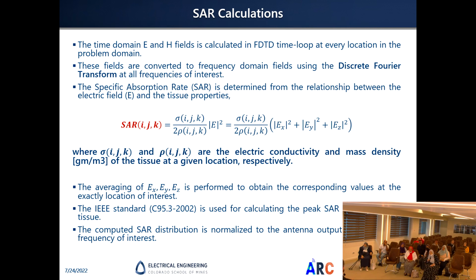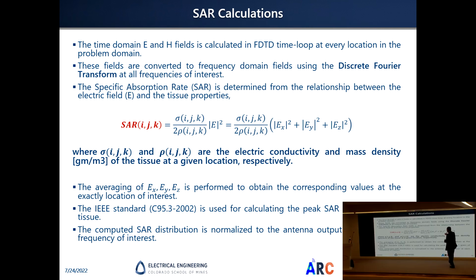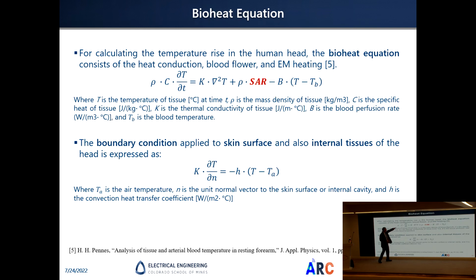We solve the finite difference time domain, and we get electric field components everywhere in the cross section, from which we calculate this value, which we call SAR, specific absorption rate. Once we calculate this from E and H in the finite difference time domain, we use this equation that gives us the temperature as a function of time in terms of the SAR.